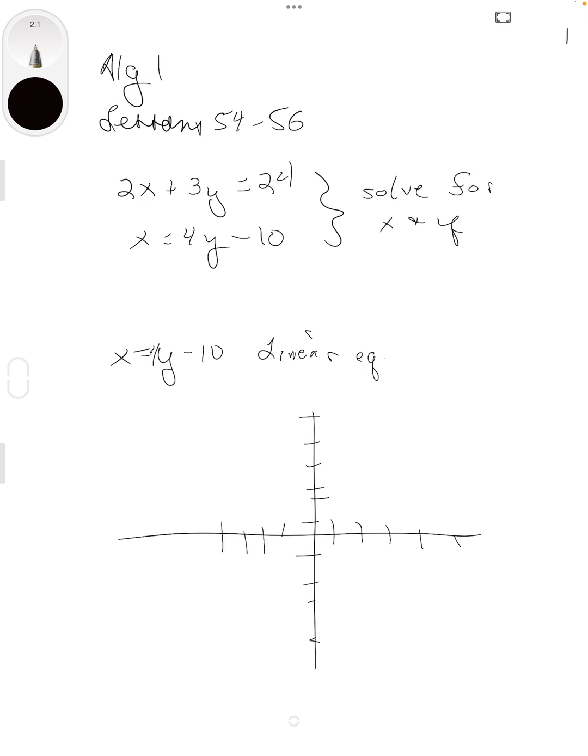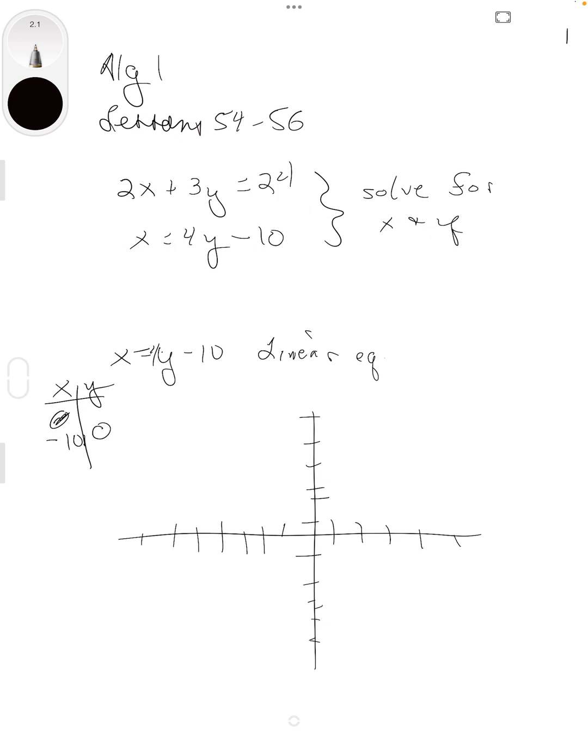I'm not going to be super accurate here, but if y was 0, 4 times 0 is 0, minus 10 is negative 10. That would be 1 point.